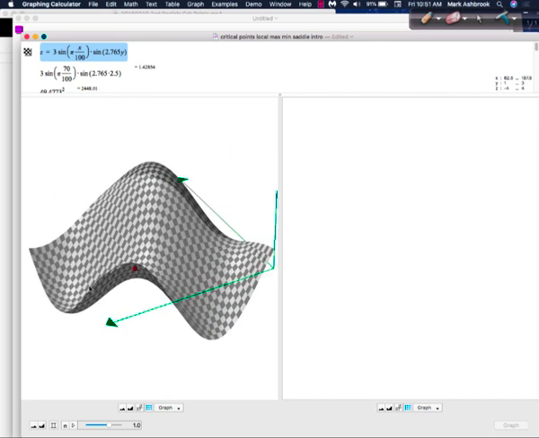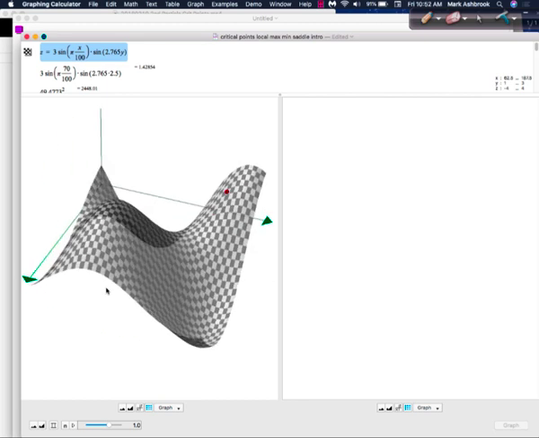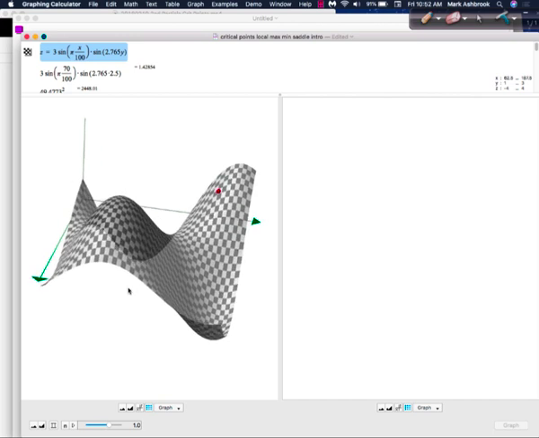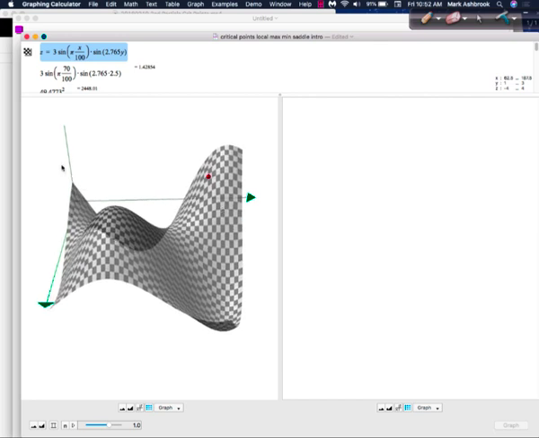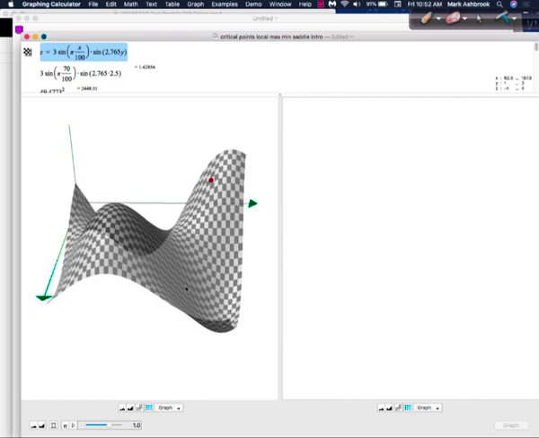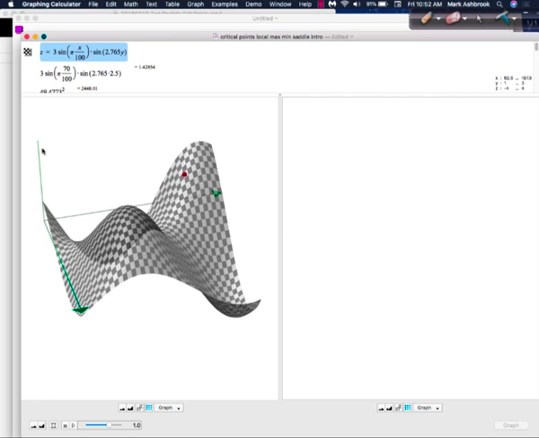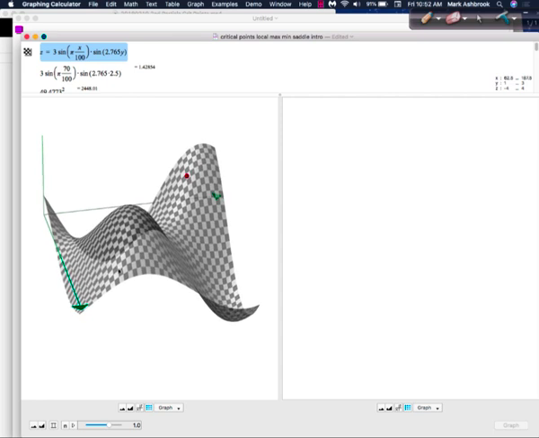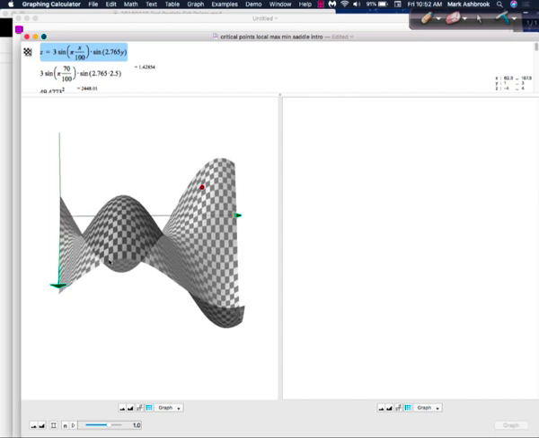I just want you to tell me what you can tell me about the first partial with respect to x and the first partial with respect to y at that point that I've highlighted there on the surface. So what's the premise of the first partial with respect to x?